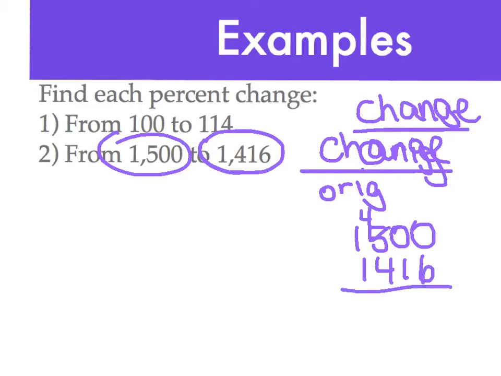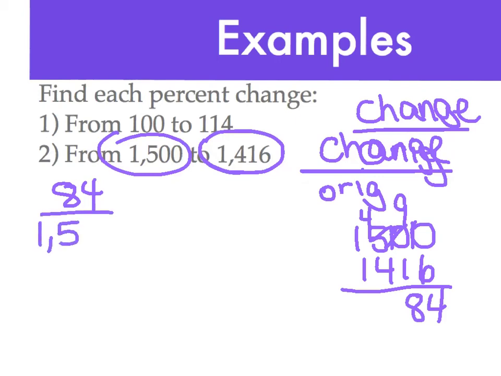I'm going to need to subtract and borrow. Okay, 10 minus 6 is 4. 9 minus 1 is 8. And it looks like my total change is 84. I put that over the original amount, which is 1,500.